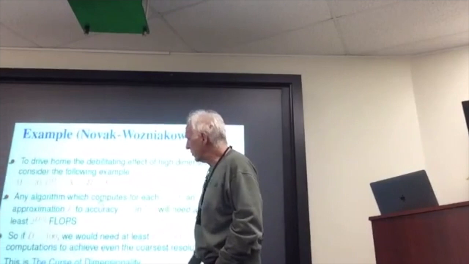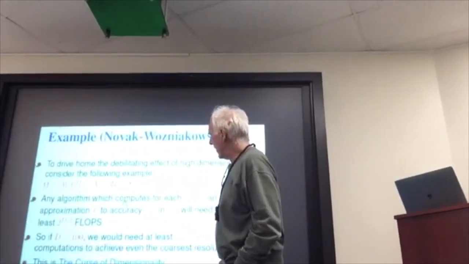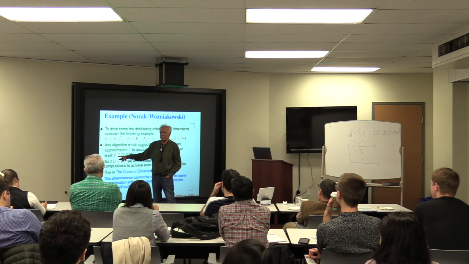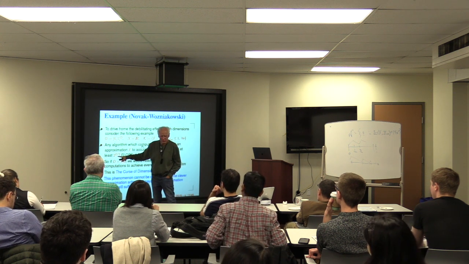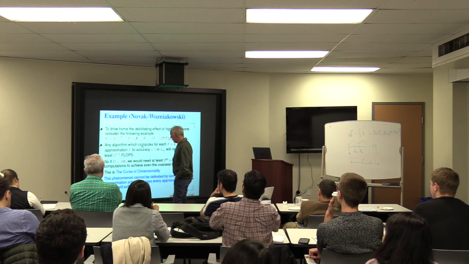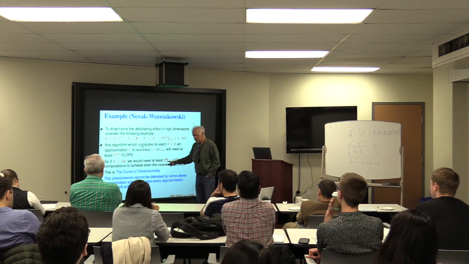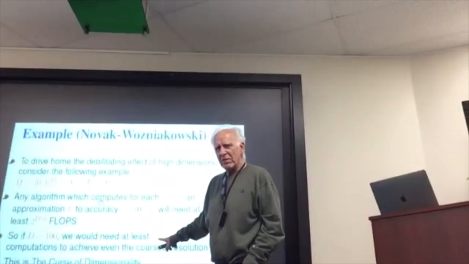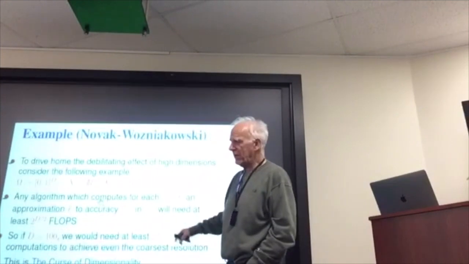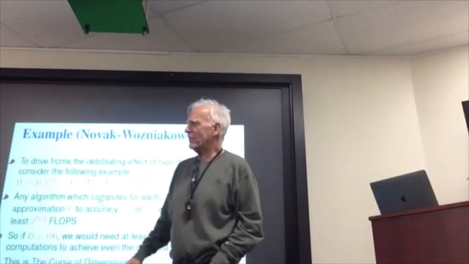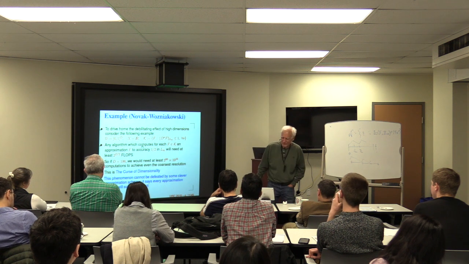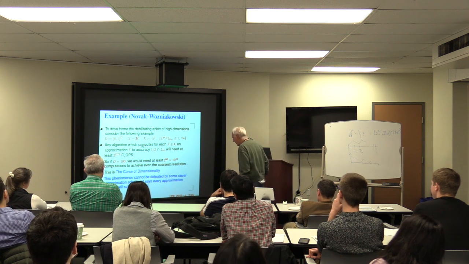And I'm going to tell you that you can prove that in order to get this accuracy, you're going to have to do this much computation, 2 to the d over 2. So if d is 100, if you have a function of 100 variables, you'll need 2 to the 50 machine operations, which is about 10 to the 15th, and probably that's already impossible, but if not, increase d ever so slightly.